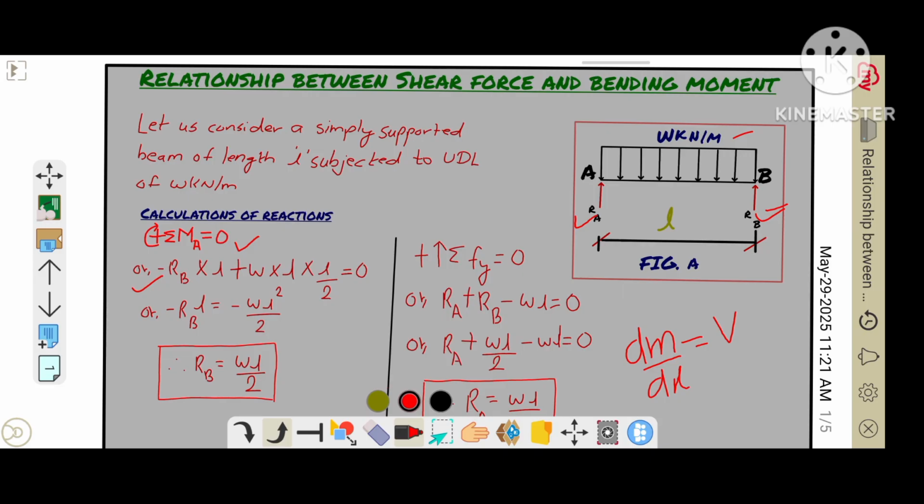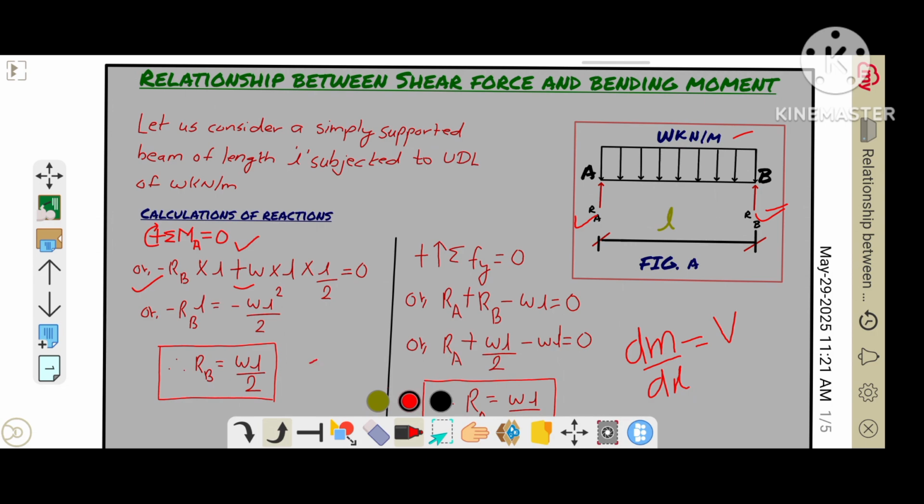Similarly, the UDL rotates the beam in clockwise direction, so it is taken as positive, since our considered direction is positive for clockwise. On calculation, we obtain the value of Rb as WL by 2.